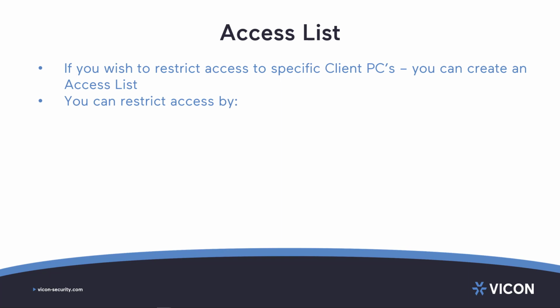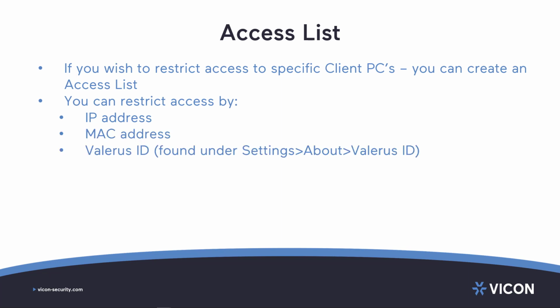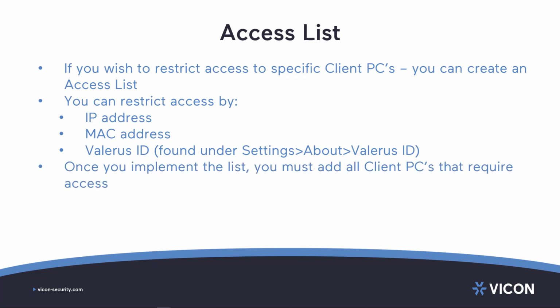Now, you can restrict access by three different variables: the client PC's IP address, its MAC address, or its Valerus ID. That ID can be found under Settings, About, Valerus ID, and I'll show that to you in just a moment. Now, once you implement this list, again, all machines that require access need to be added to the list.